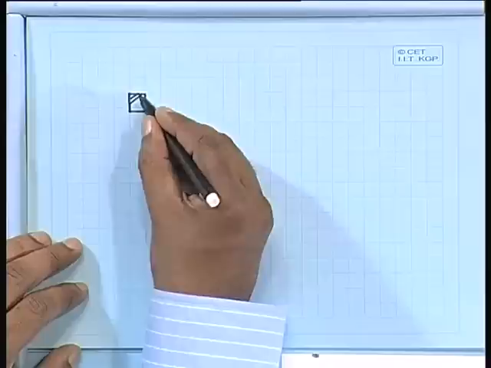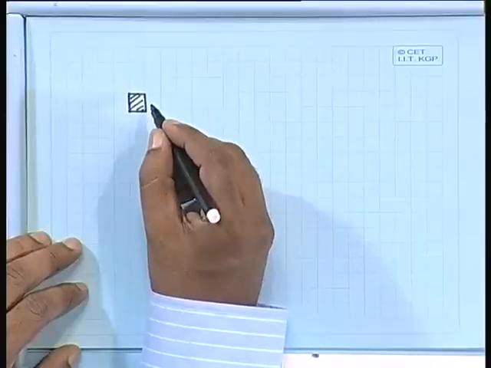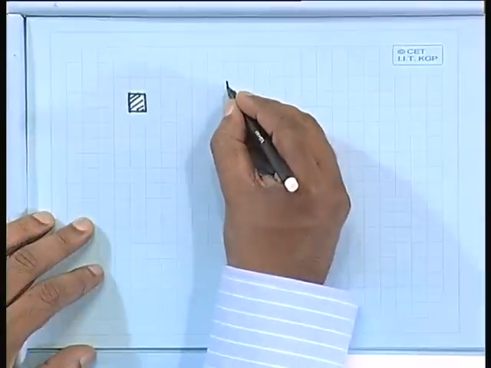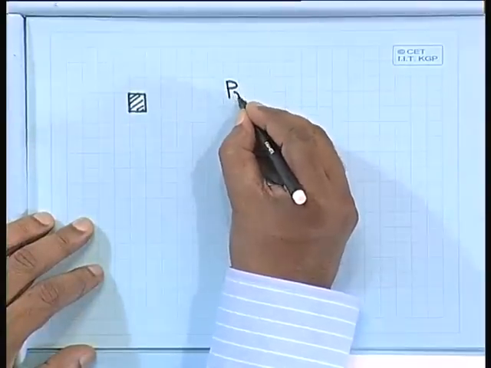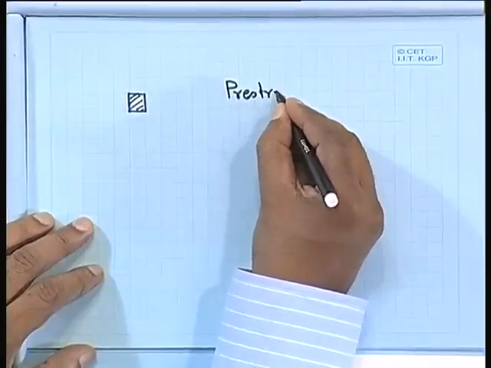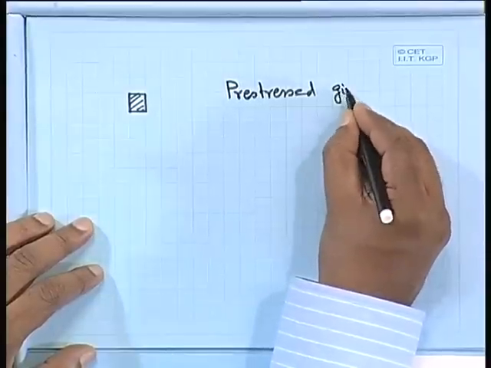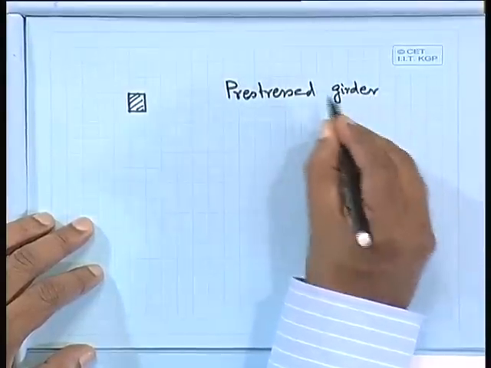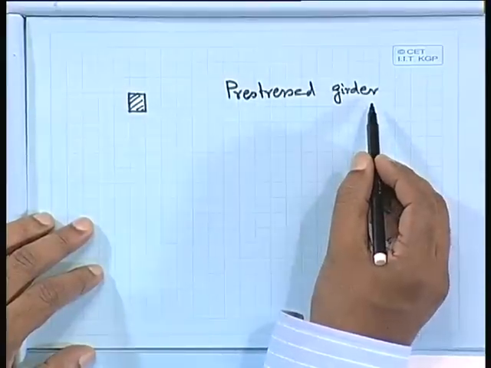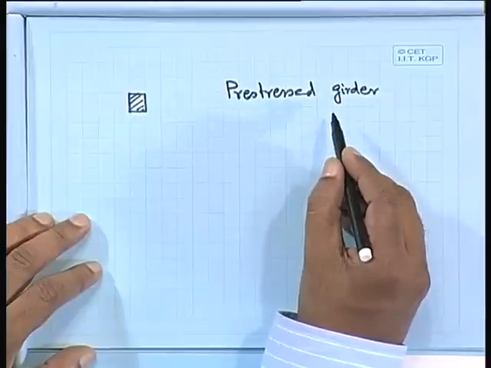So when we have that impression on the surface of the bridge, how the bridge behaves: there is one bridge popularly used for reinforced concrete, that is the pre-stressed girder. If I get the opportunity, I shall tell a little bit on the pre-stressed girder. This pre-stressed girder we can construct outside.